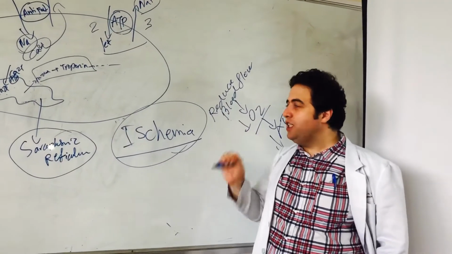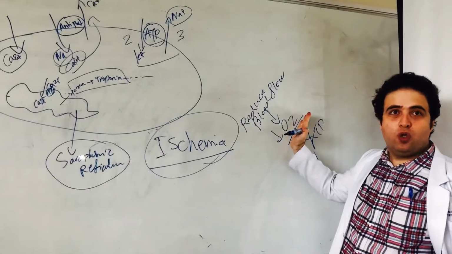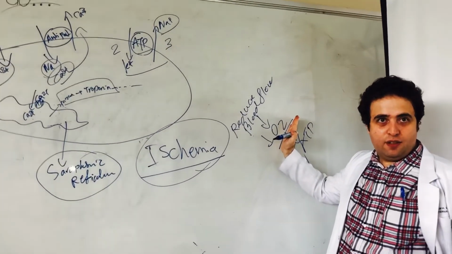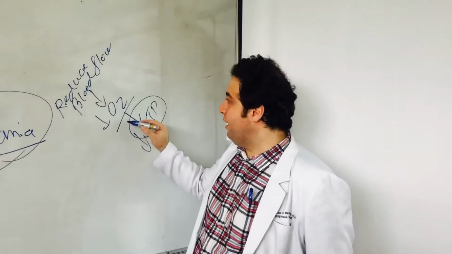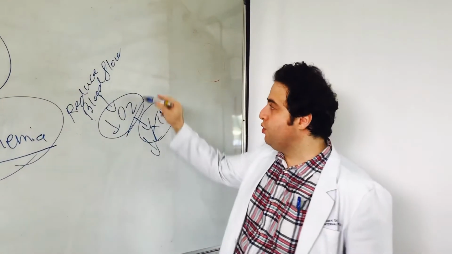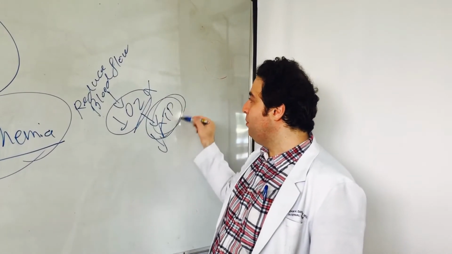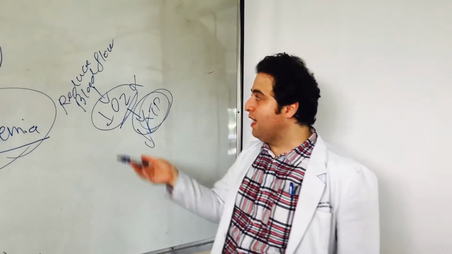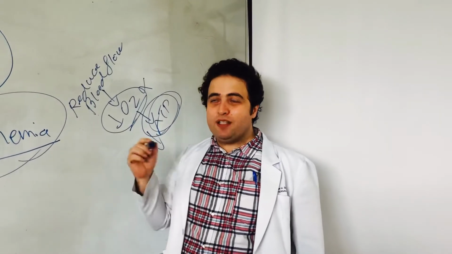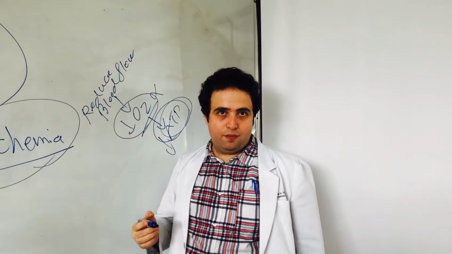Another way to generate ATP is the way we will not use oxygen. Okay, so I was saying to you that we will use anaerobic way, so we will not use any more oxygen. So from anaerobic way, we will produce ATP, but that ATP is not effective as when we have oxygen, because it will accumulate lactic acid. Okay.